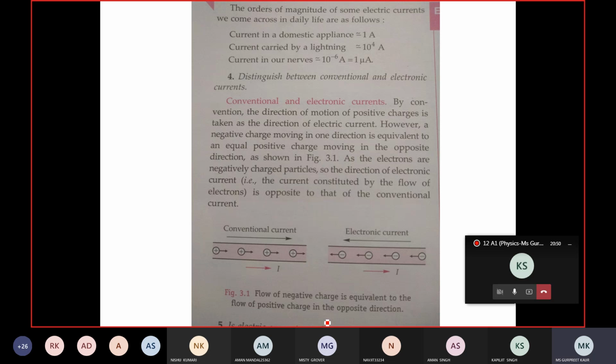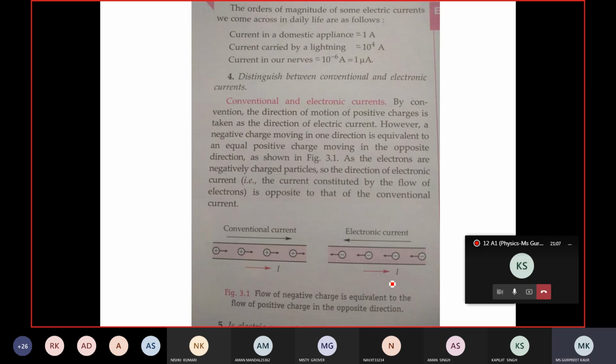The free electrons, if they are moving from right to left in this figure, will be leaving their vacancy behind. Vacancy is a seat of positive charge.